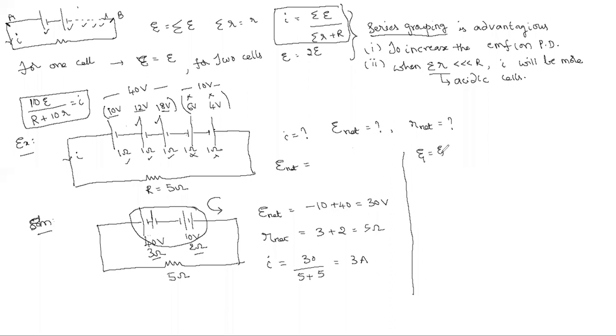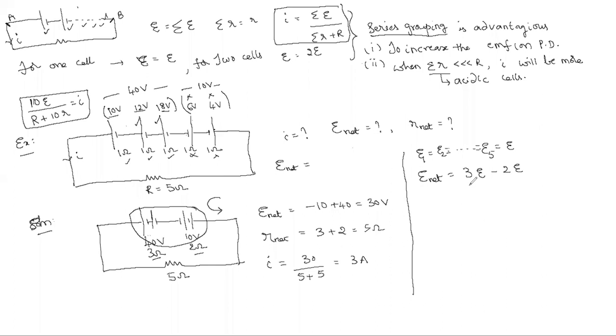E1 equals E2 equals so on, means E3, E4, E5 all equal to, let it be E. Net, plus 3E minus 2E. Very good. So E net is equal to 3E minus 2E.